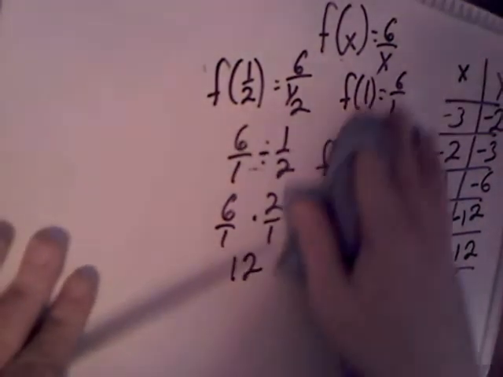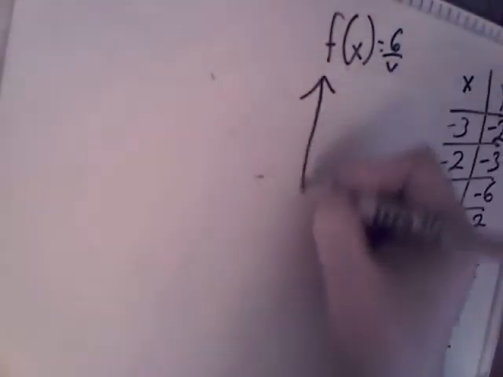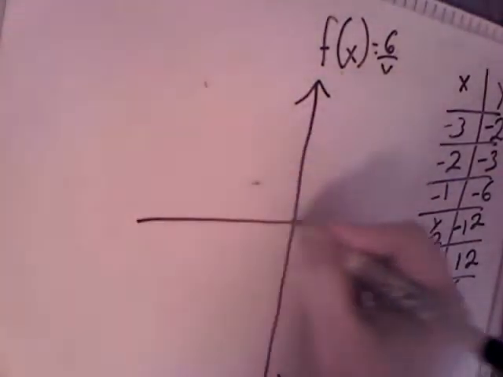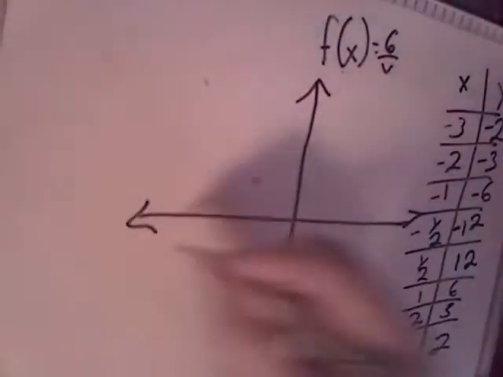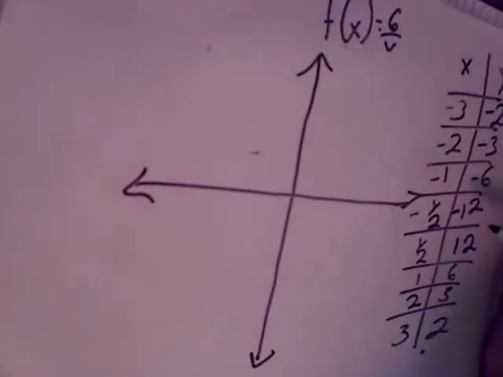Now we get to graph this. Here's where it might start to look a little bit intimidating. Looking at my graph, on the x-axis, all I need are up to 3. But on the y-axis, I need to get all the way to 12. So what I'm going to do is graph using even numbers here.